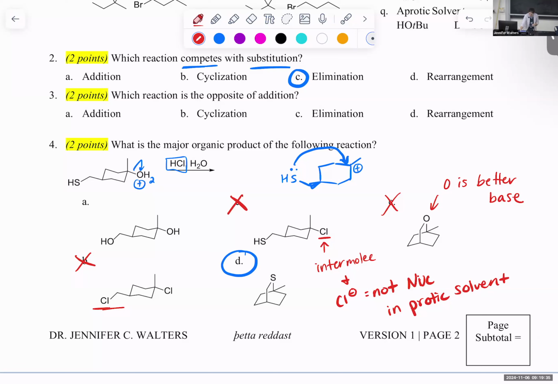And then A is incorrect because A is also saying that we're trying to do an SN2 reaction because it's the primary leaving group. But remember that sulfur is not a strong base. So we're not going to protonate the sulfur first.